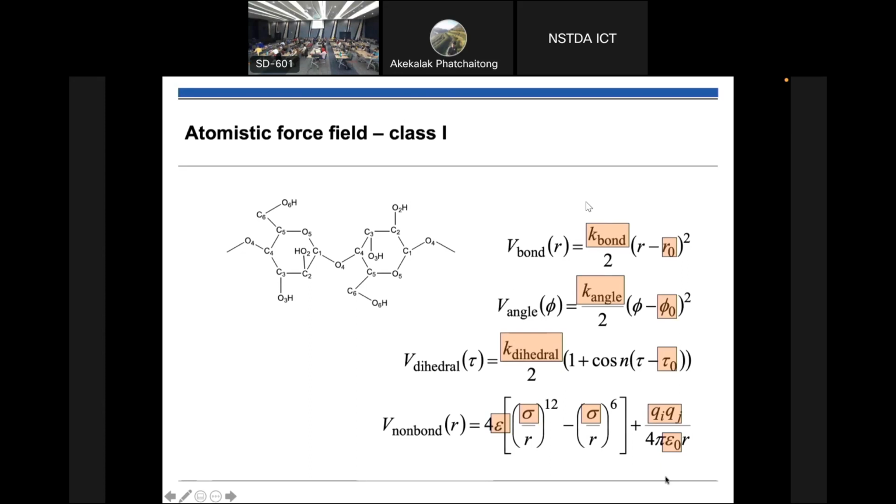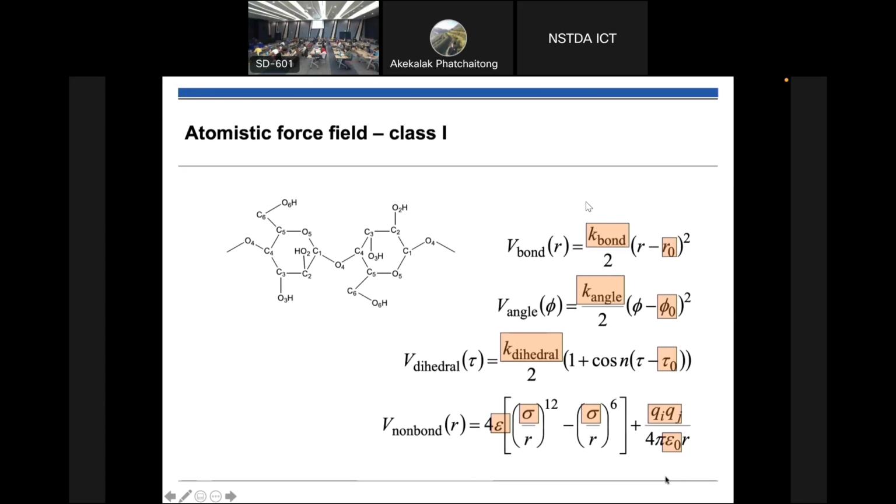So this is a bond. It basically represents any bond here. Let's say this is C1 and C2, there is a bond here. C1 and O4, there is a bond here. If you want to represent these bonds, they are represented by this equation. You see, this is a simple spring, right? This equation is nothing but a spring equation. And what are the two unknowns here?